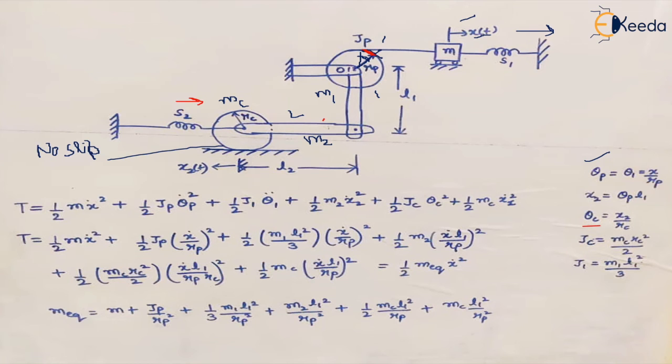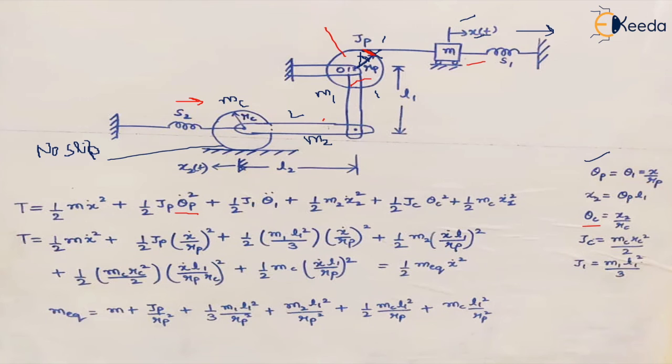The first component is this mass, so this is half m x dot square. The second component is this pulley, so it will be half Jp, the mass moment of inertia, into theta dot square, because whatever displacement takes place, it is in terms of the angle. Now, because of the rotation of this pulley, this rigid link also has some angular motion.